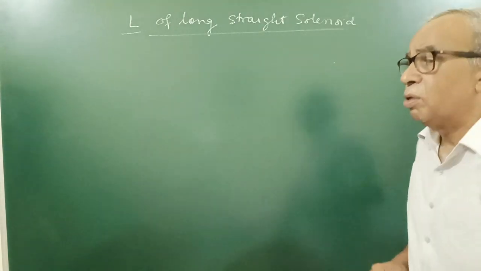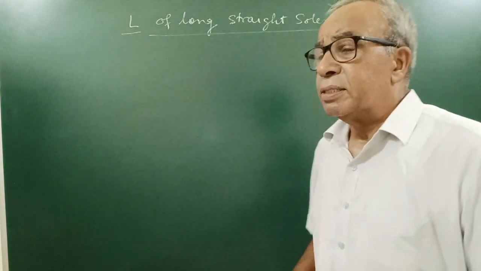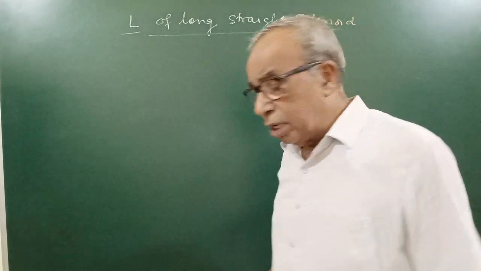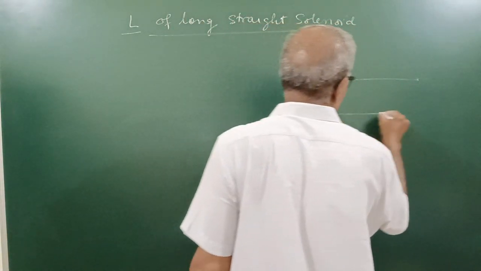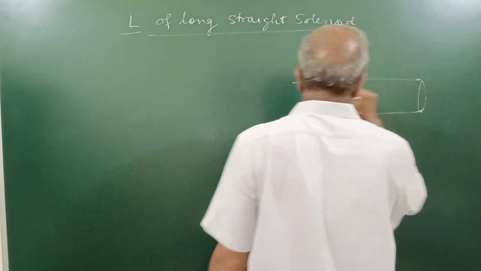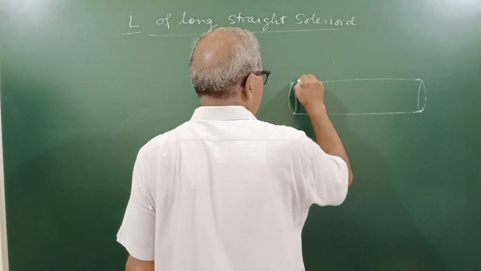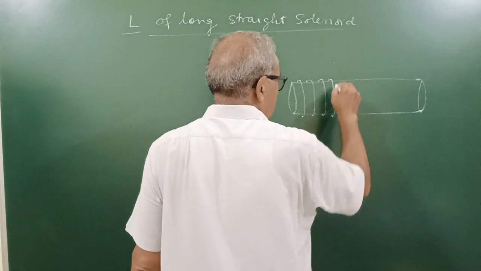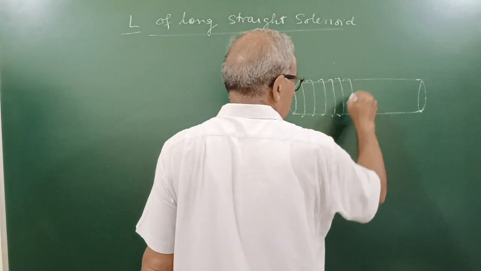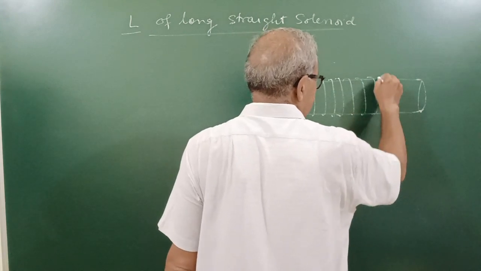Somewhere we can use a plain circular coil, and somewhere we use a toroidal solenoid also. So suppose here it is a long solenoid having N turns of insulated wire, that will remain insulated from the material used to prepare the core.